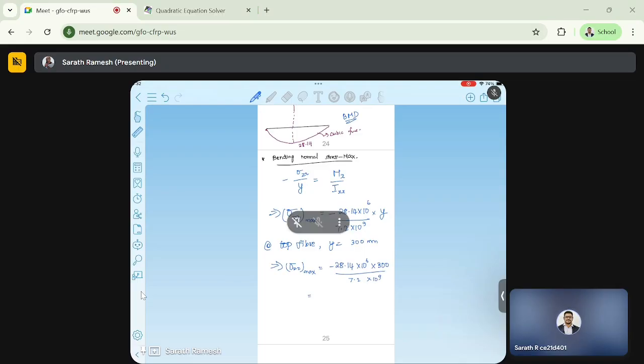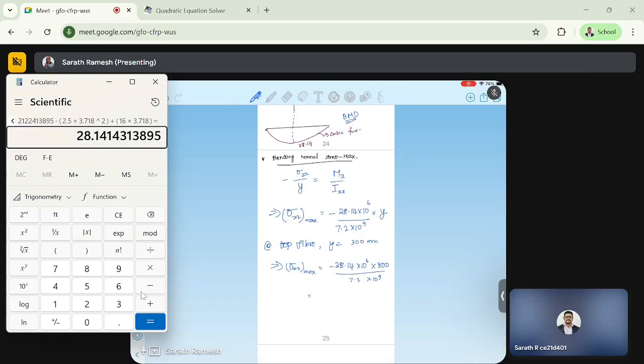This into 3 by 72, getting 1.173 megapascal.